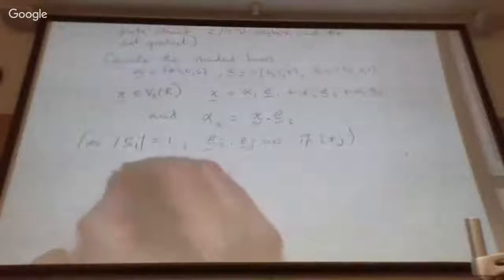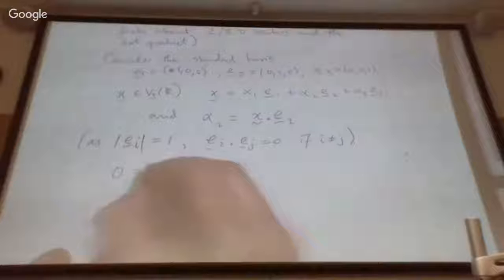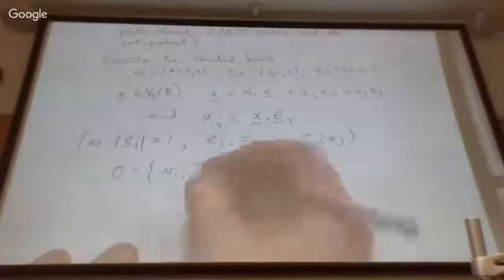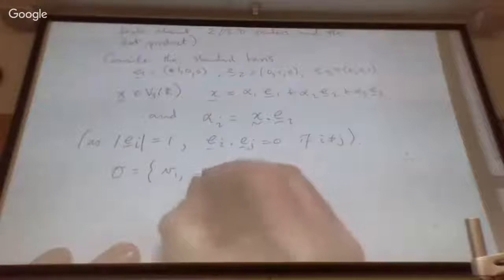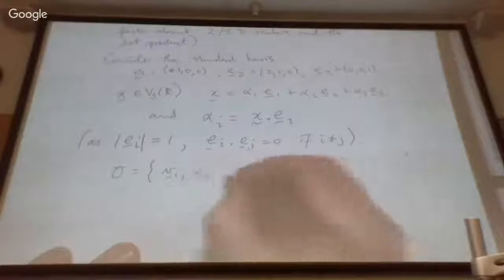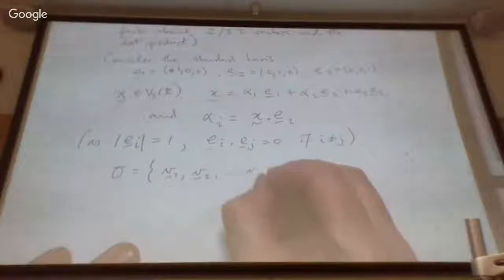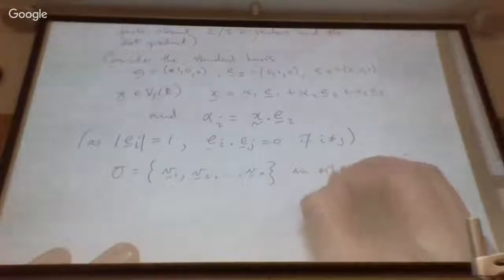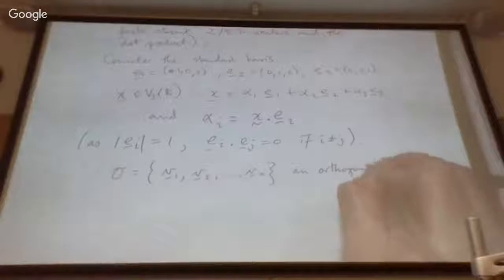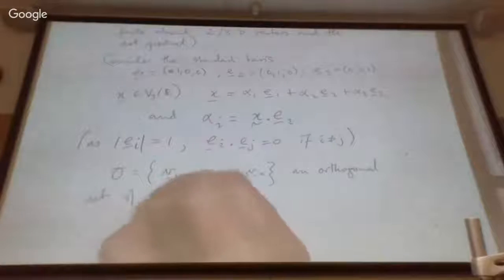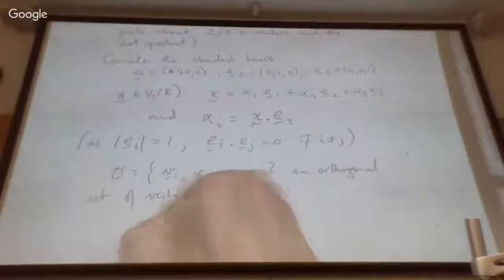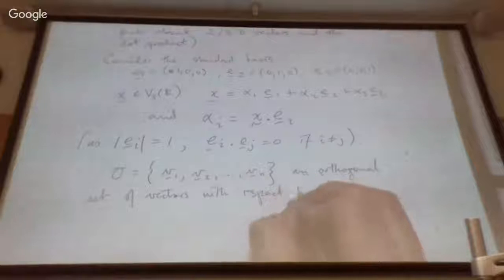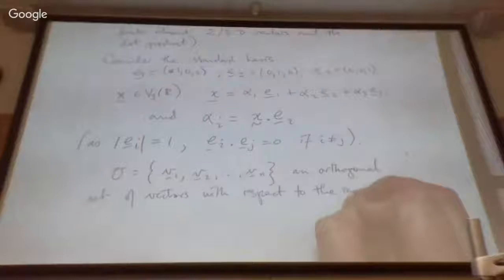So this set O, it's a bit confusing. O is a set of vectors, v1 up to vn, from some vector space, and this is an orthogonal set of vectors with respect to the inner product phi.